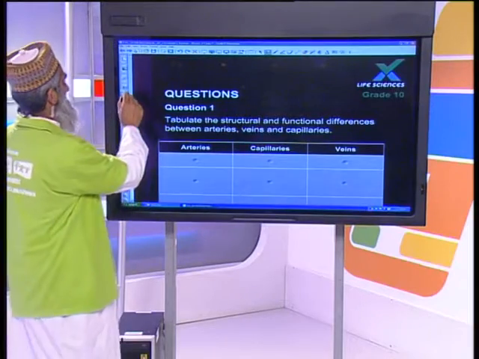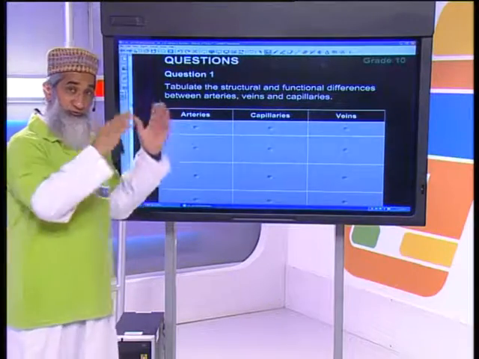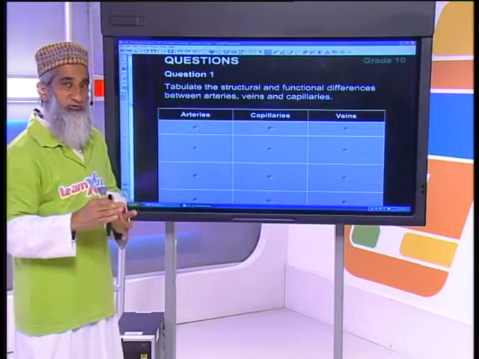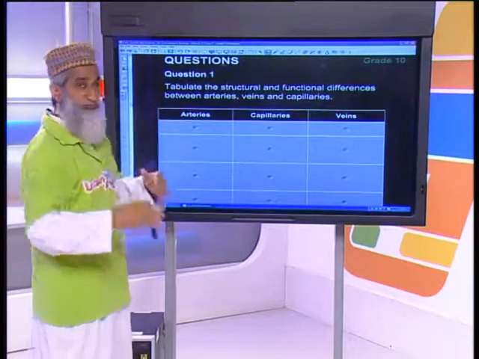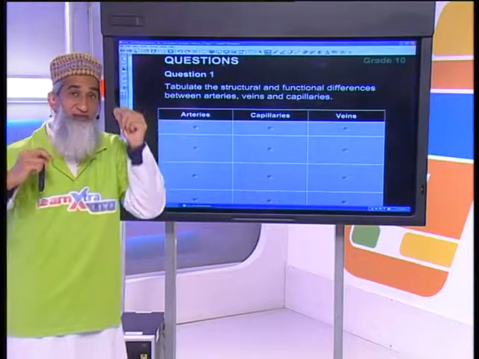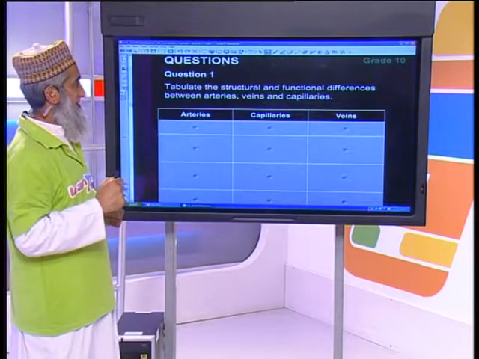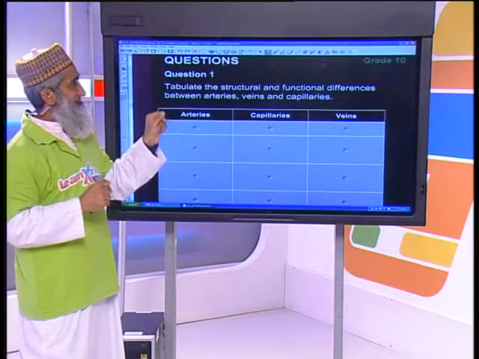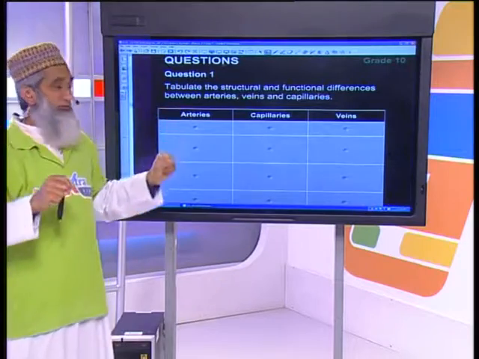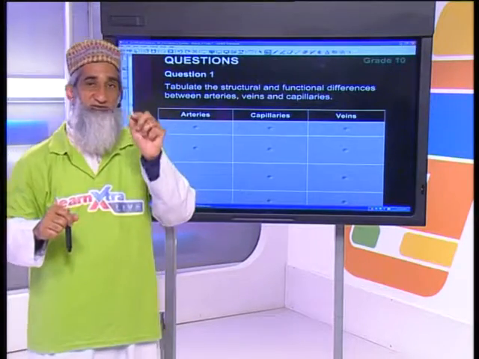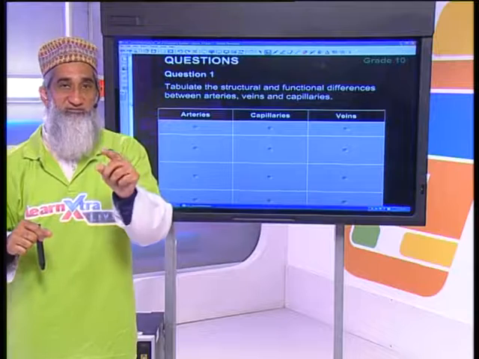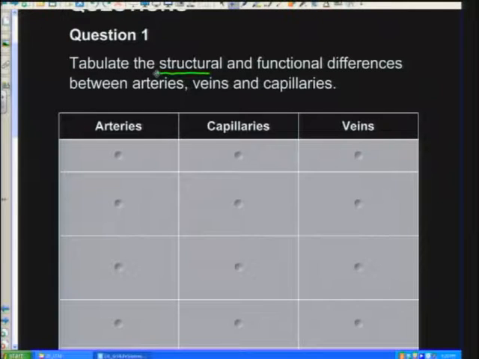So the first question we ask, based on what we've taught you, we're asking you immediately. We're not leaving it to the end. We want to ask you the questions now while it is still fresh in your mind. The question talks about tabulating the structural and functional differences between the arteries and the veins. But notice this question is talking about specific things.